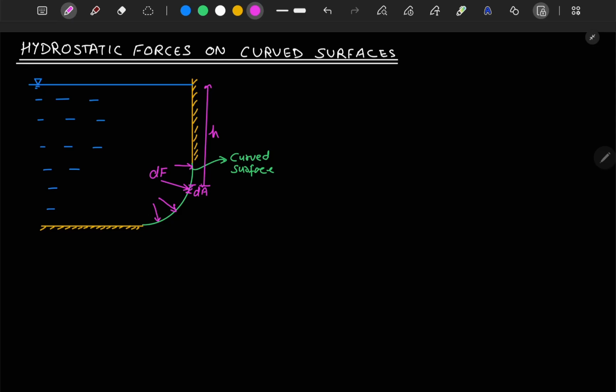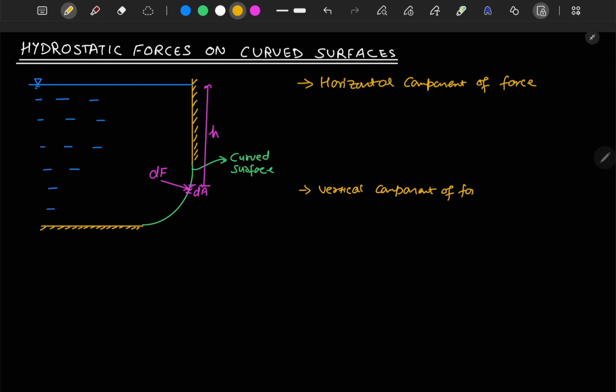To overcome this, we resolve the hydrostatic force F acting on the surface into two parts: a horizontal component of force and a vertical component of force on the curved surface.